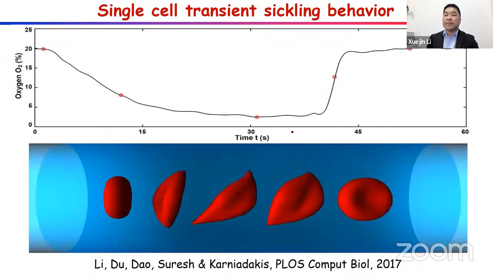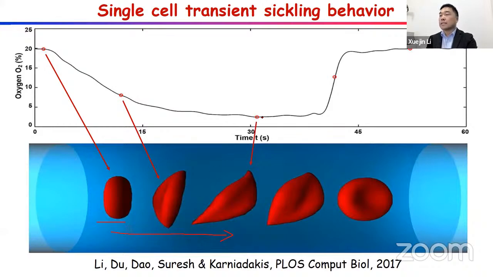And here in this figure, we show the cell sickling and unsickling process in transient hypoxia conditions. You can see that there is a shape transition from the biconcave shape to the sickle shape when the oxygen level is reduced. In the beginning, the oxygen level is normal, so we get a biconcave shape for the red blood cells. And when the oxygen level is reduced, the cell sickling occurs.